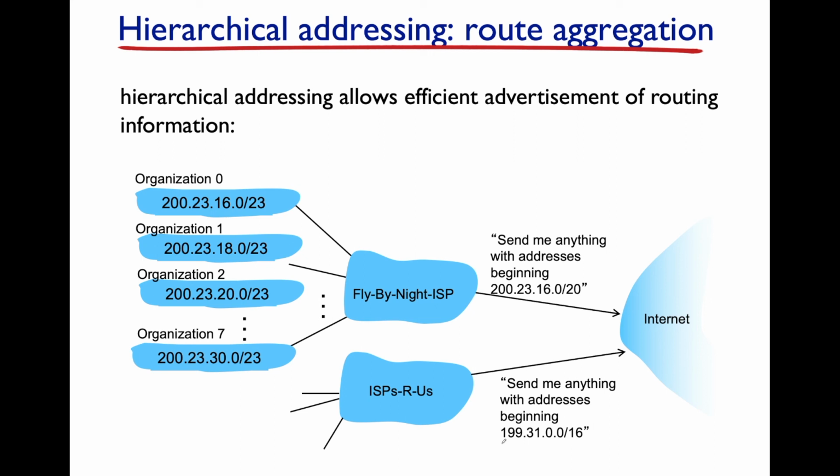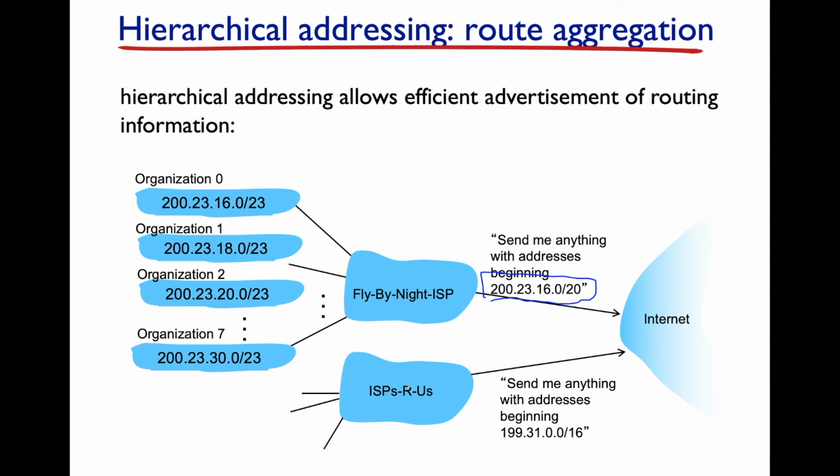And so all of those addresses, because they're carved out of that main IP block of addresses for Fly-by-Night ISP, it's going to advertise that block so that others know, okay, if I have a destination address for some datagram, I know I'm going to send it out that link to whichever router told me it manages or switches or forwards addresses that are in this block described by that particular network address.